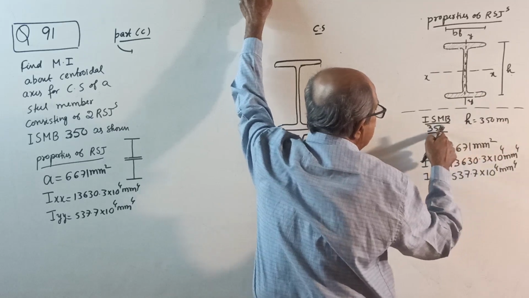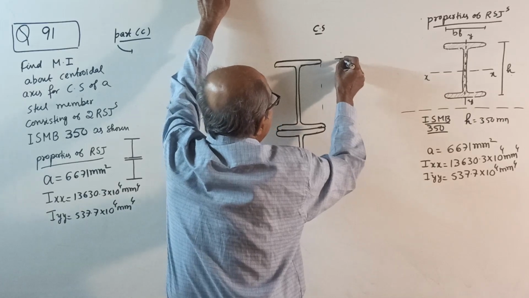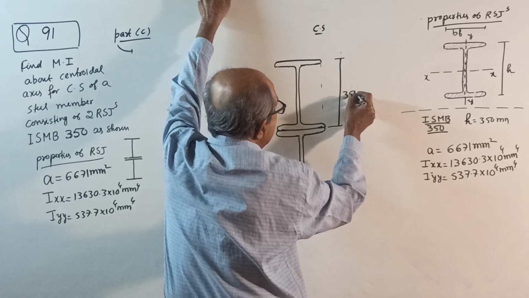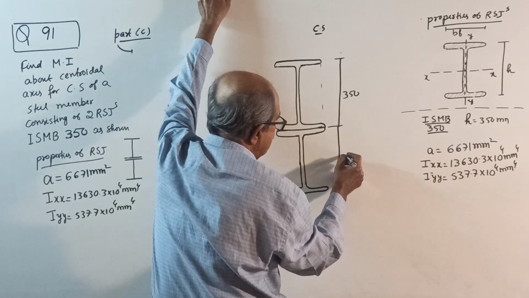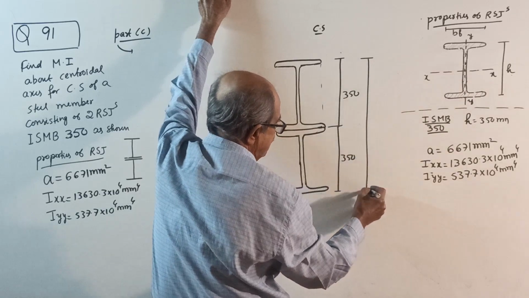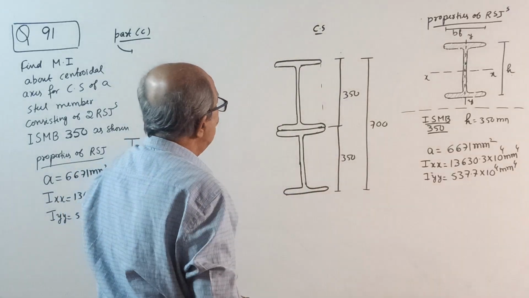I told you that the number itself is the depth H. So this is 350 up to here, this is 350 up to here, so the total is 700.